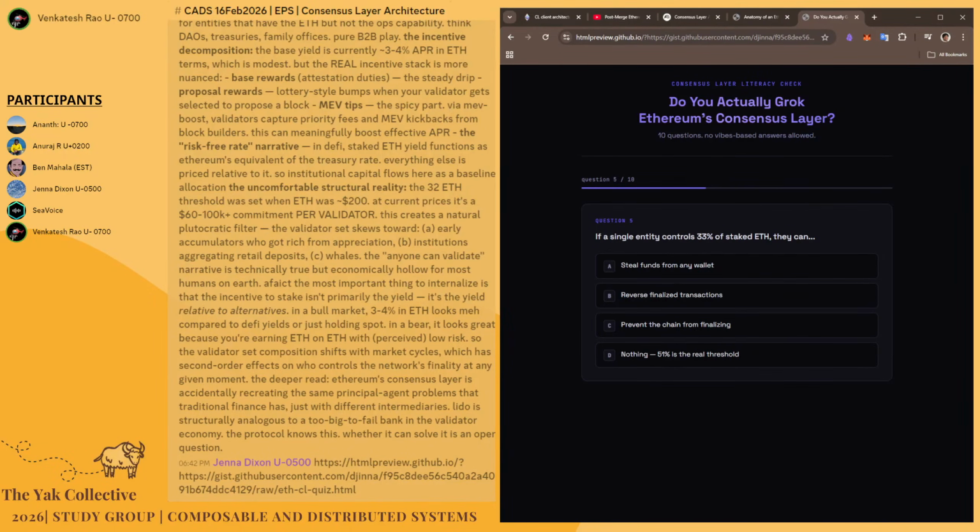What's the state of RPCs? What percentage of nodes do they run? What percentage of transactions do they handle? The only alternative to RPCs is to run a full node yourself and submit your own transactions as a full member of the network, which very few people do as hobbyists. The only economically rational way to do that is if you're running an exchange or running an RPC.